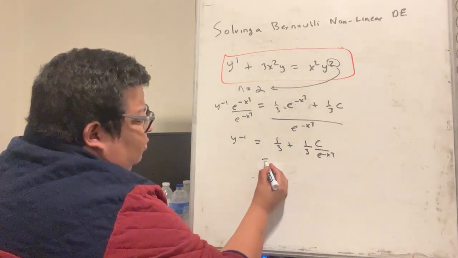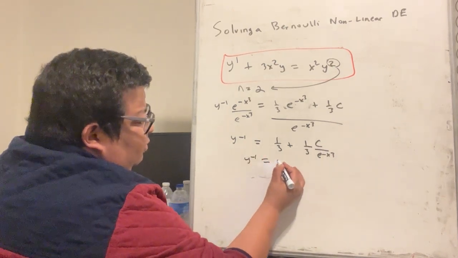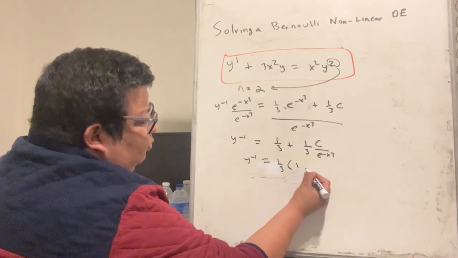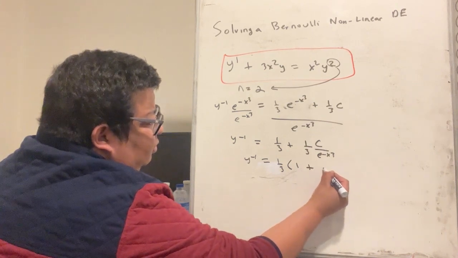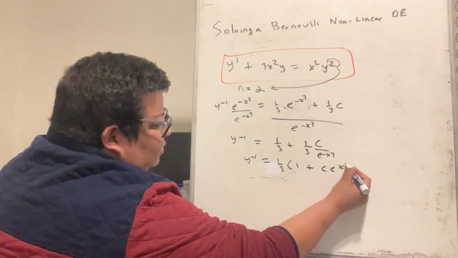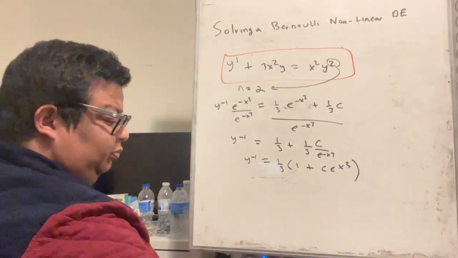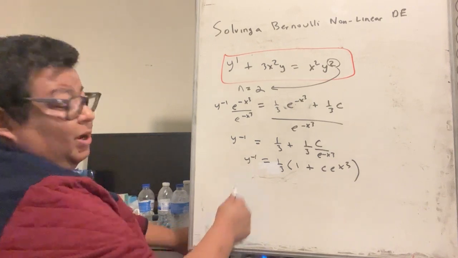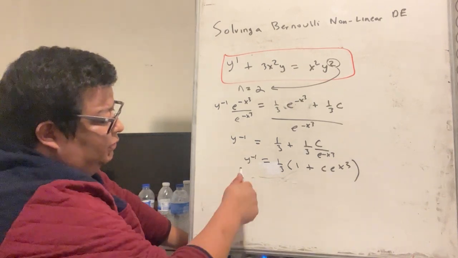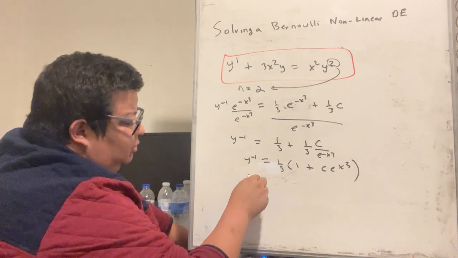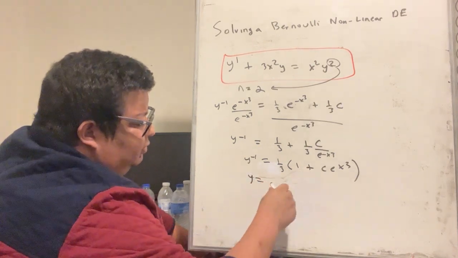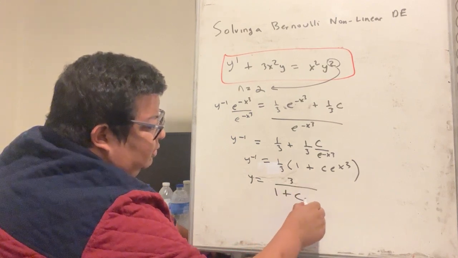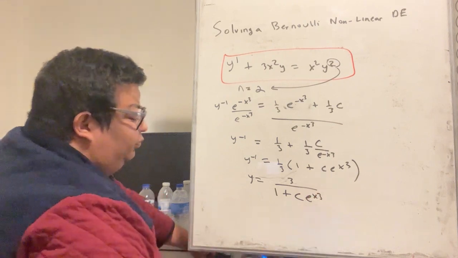Let's simplify this a little more. So y to the minus 1 is equal to 1/3 times (1 plus c e to the x cubed). Notice we have a minus 1 exponent, so to get rid of it, let's call big Y equal to y; we flip everything, so it will be 3 over 1 plus c e to the x cubed.